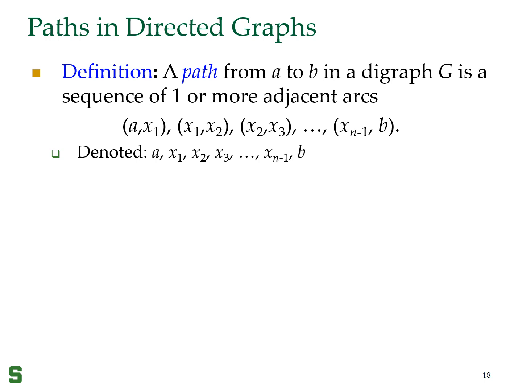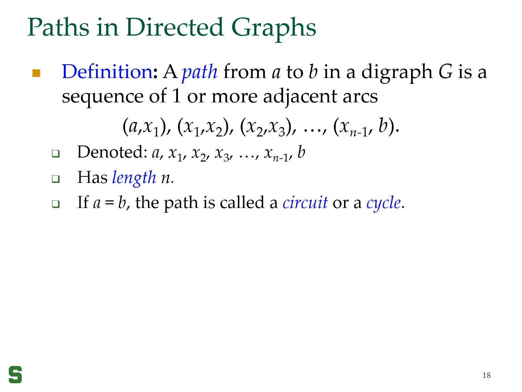Eventually, I should go to B. This path is what we'll call A, x1, x2, all the way up to B. It has length n, where n is the number of edges that you traversed. If A and B are the same, then the path is called a cycle or a circuit.